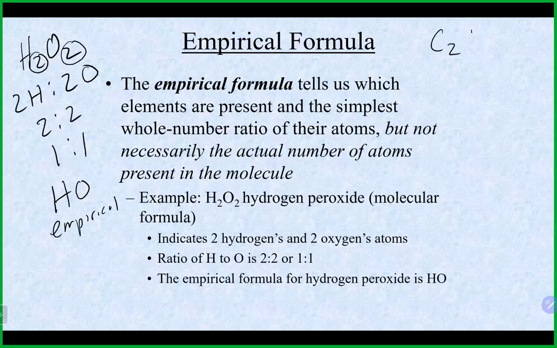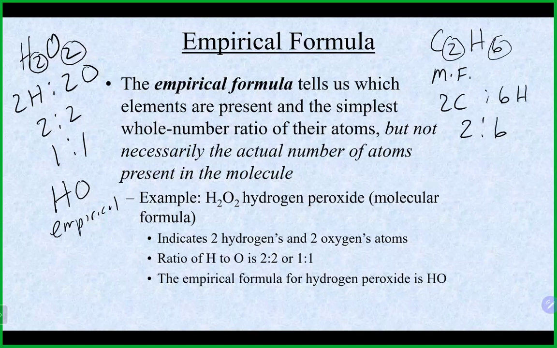So if you had C2H6 as your molecular formula, and you wanted the empirical formula, this tells you there are 2 carbons for every 6 hydrogens that are present. That is basically a 2-to-6 ratio. Can you reduce down 2 and 6?